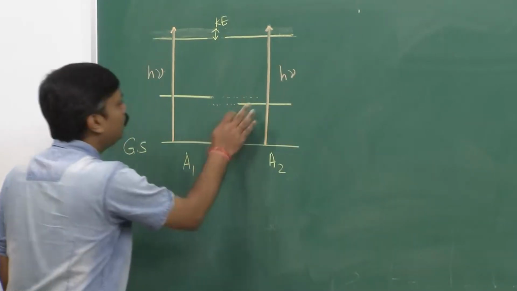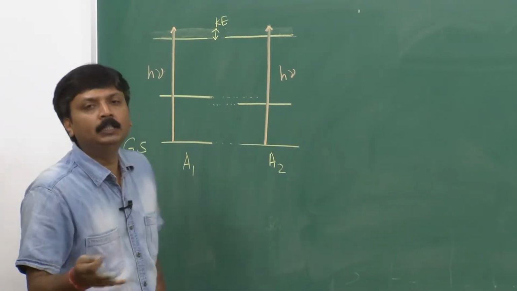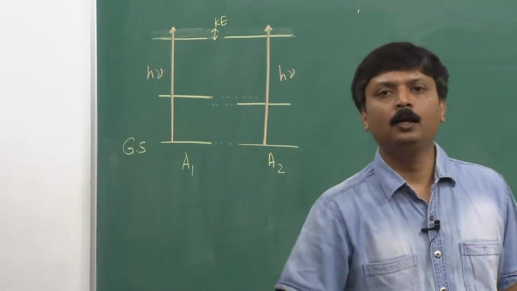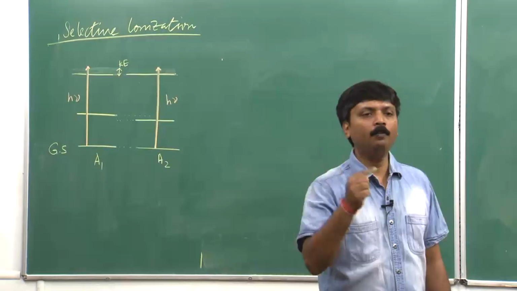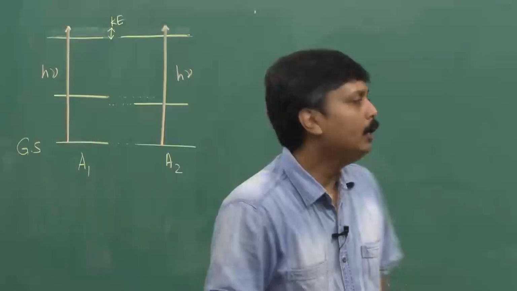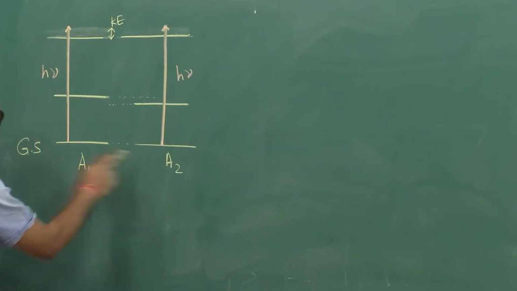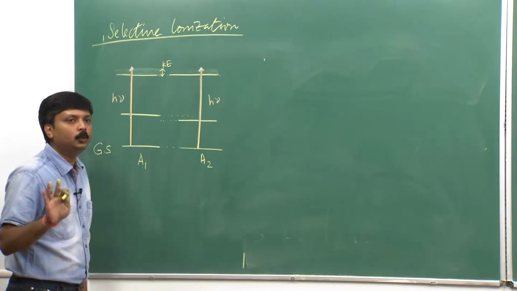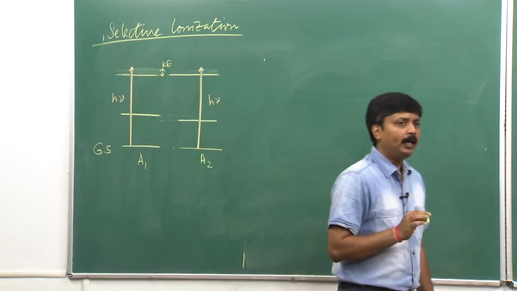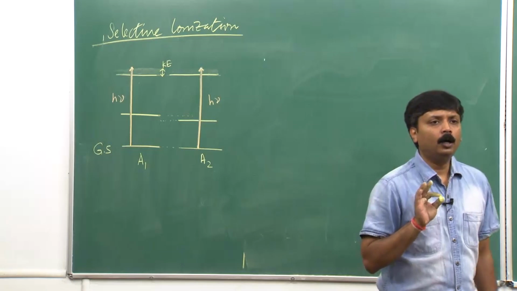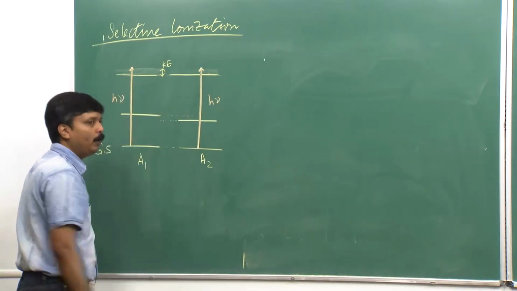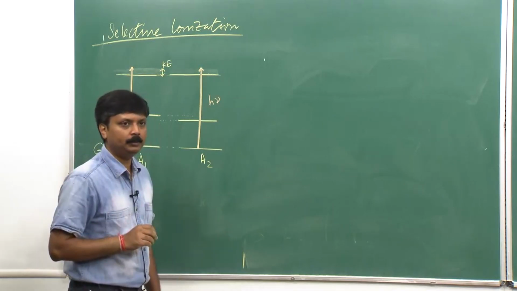Now what do I get out of this photoionization? Suppose I have two isotopes, I bring in my laser and hit it with a photon energy such that one photon takes the system to the ionization limit. Then essentially both of the isotopes will behave in the same way. So we have a problem in this case. Now what can I do? I can do this photoionization in two steps. How?